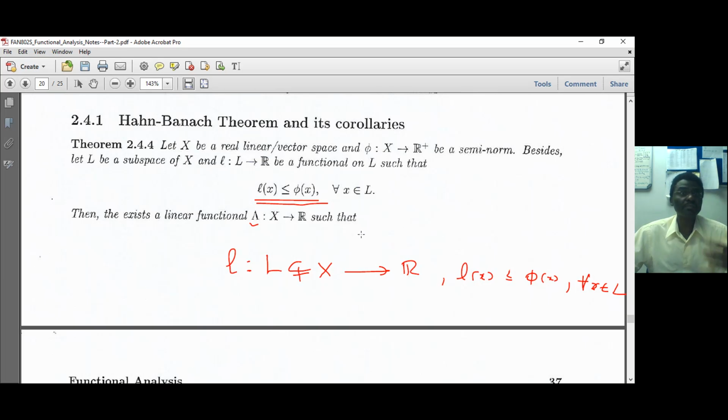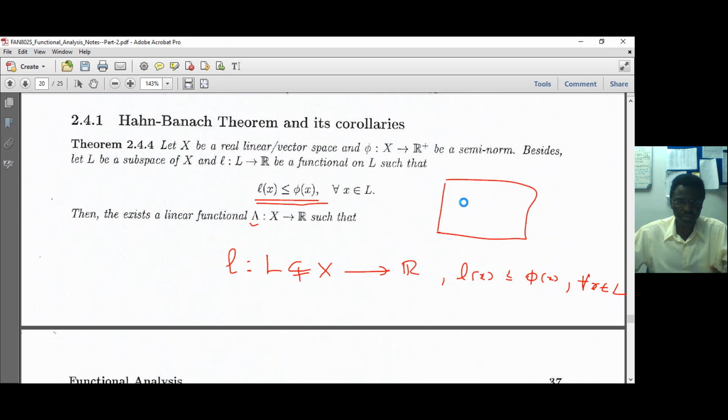Or we also call it the separation theorem, right? Because this phi, in fact, it's as if I'm in a space like this, and then I have this phi, and the L is below here. It's a separation theorem.